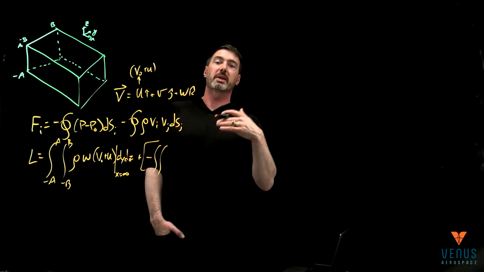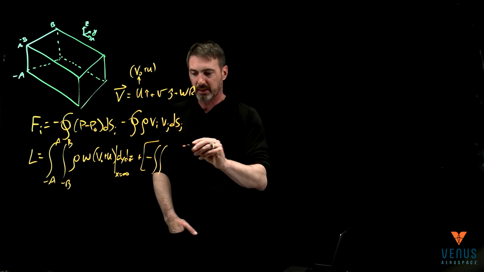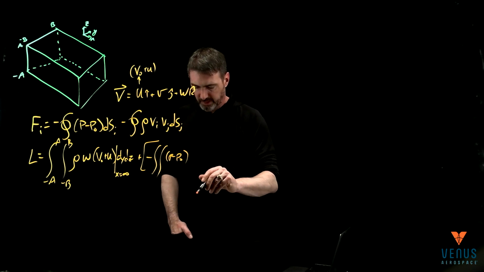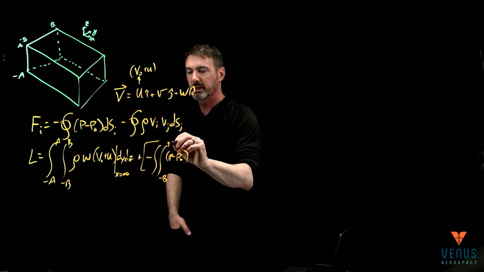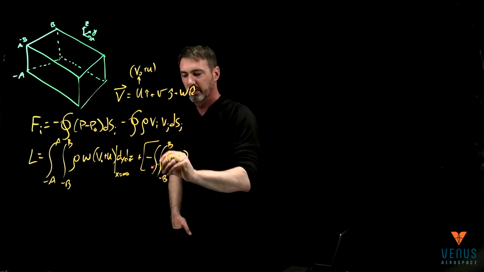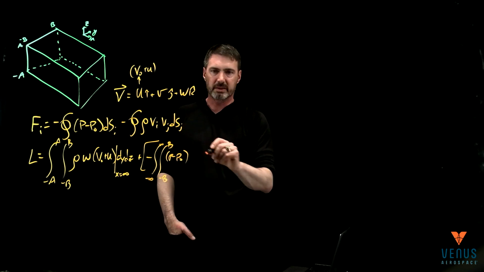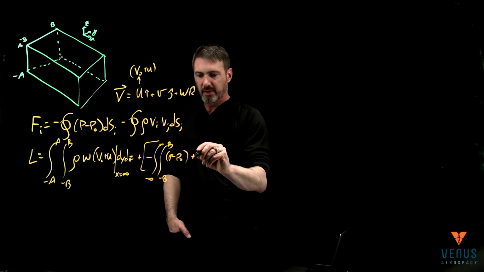The only pressure differences along the z direction would impact this. So this is P minus P0, and this is integrating from minus B to B across, and then we'll say minus infinity to plus infinity, basically the entire spectrum of the x distance. And so that's the pressure term.